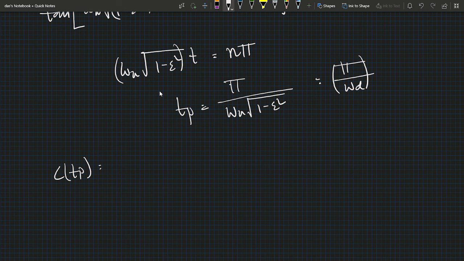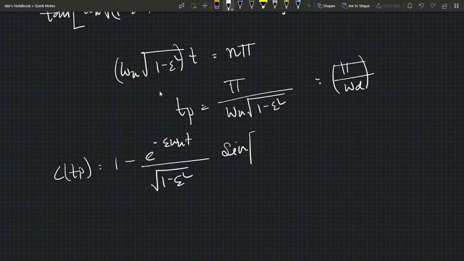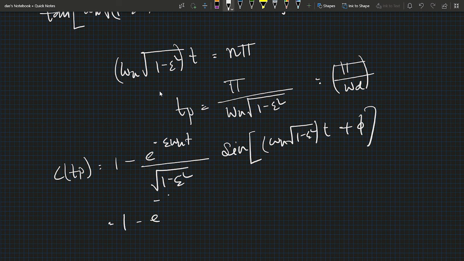First of all we know that C(Tp) is basically 1 minus e to the power minus zeta omega n t over root 1 minus zeta square into sine of omega n root 1 minus zeta square t plus phi. Here we put the value of Tp, that means pi divided by omega n root 1 minus zeta square.